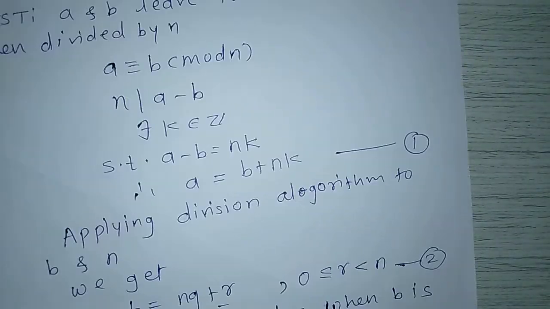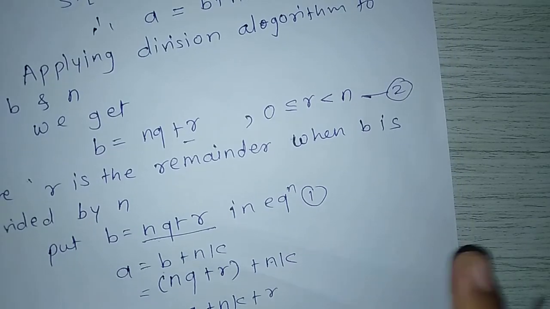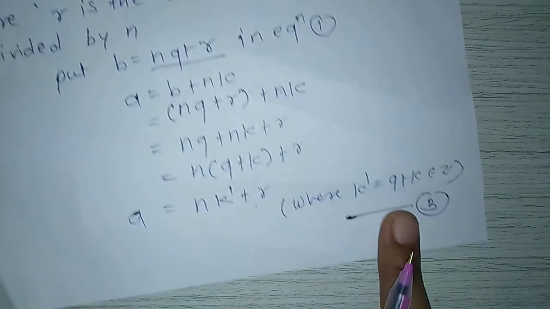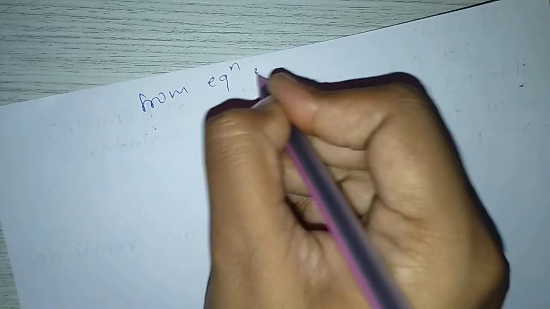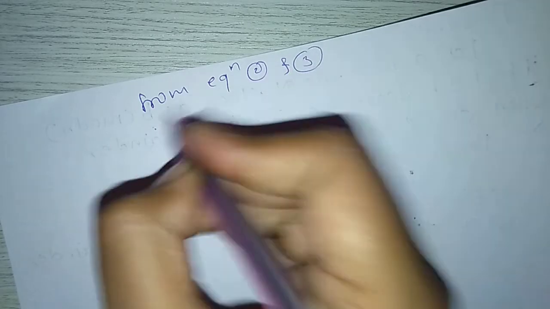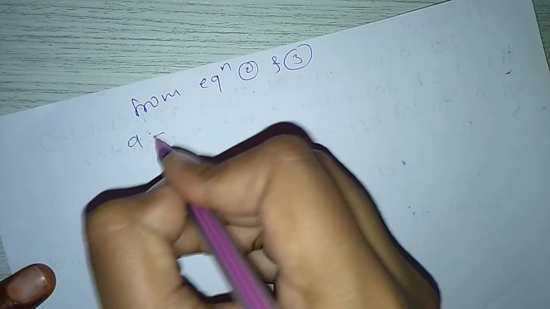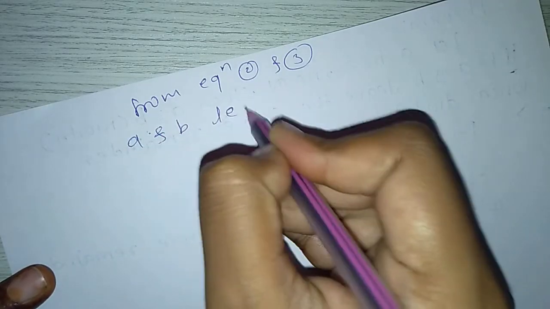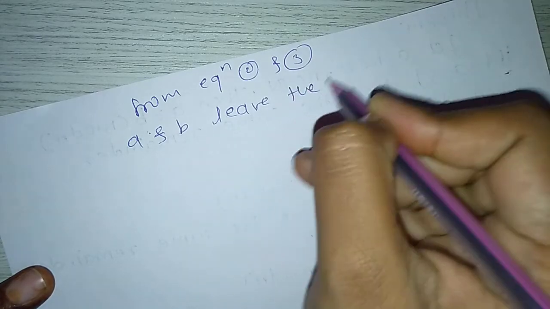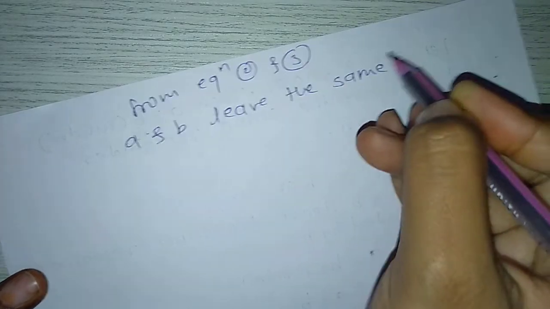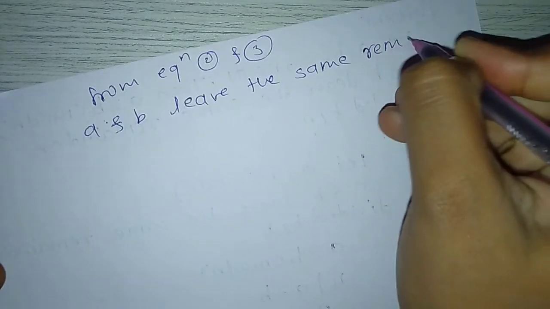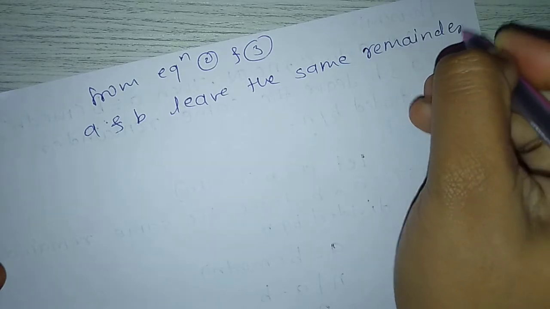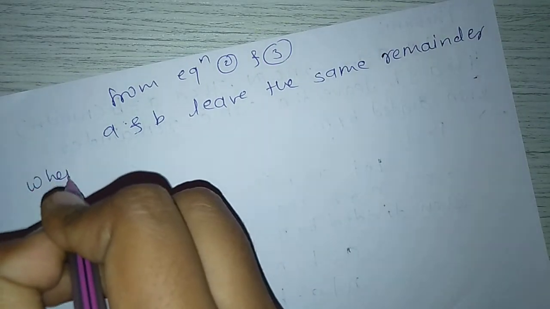From equation number 2 and 3, a and b leave the same remainder when divided by n.